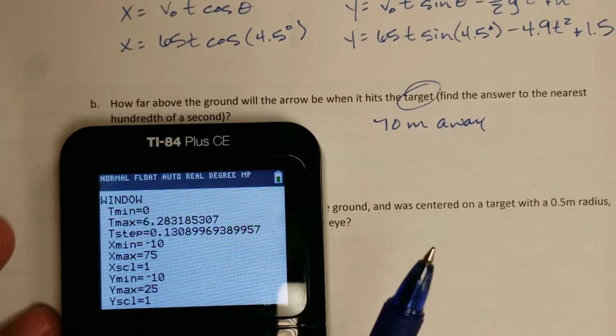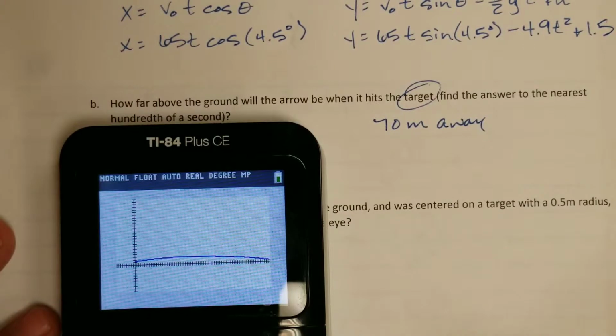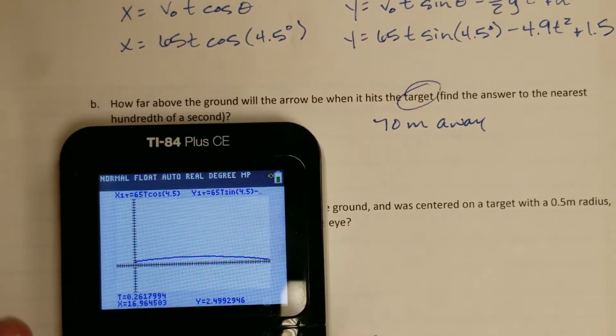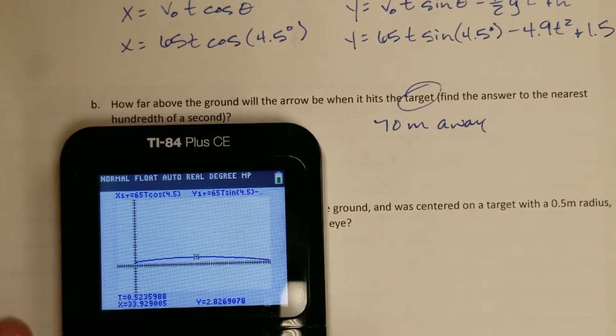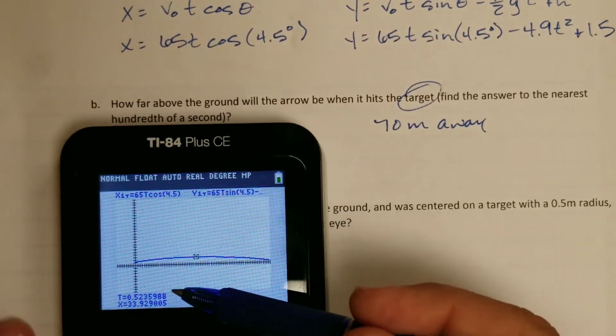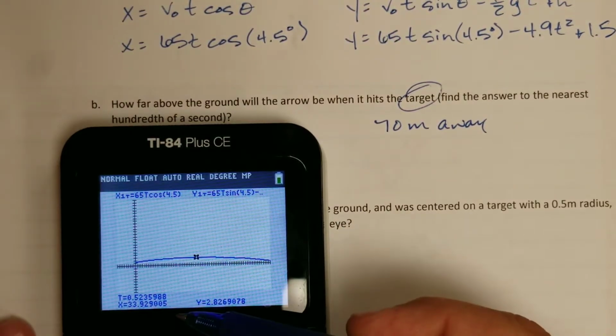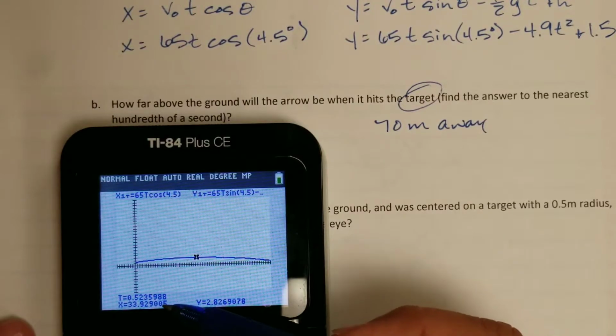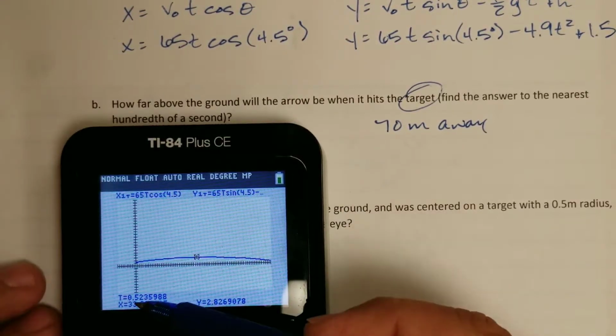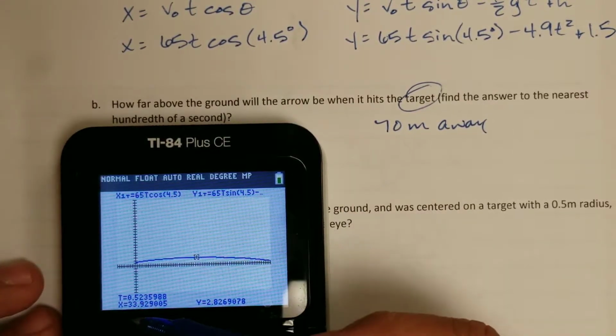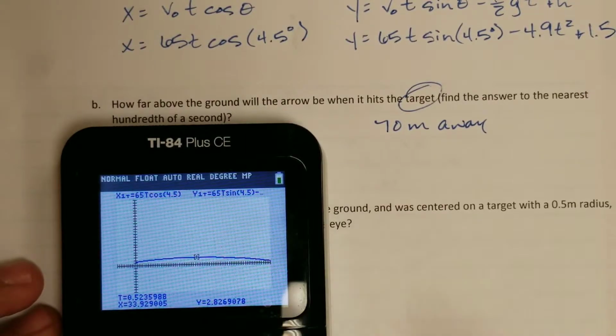And then let's take a look at the graph. Okay, so here's the graph. You're going to use trace a lot for this. It can be very helpful. So what we're going to do is trace and just follow it from left to right. When you're looking at your calculator, right now mine says t equals 0.5, and it's almost 34 meters away.